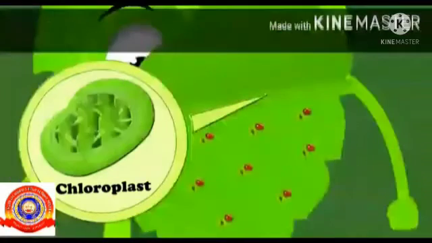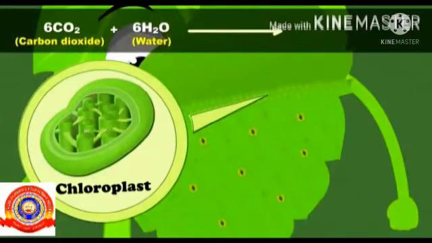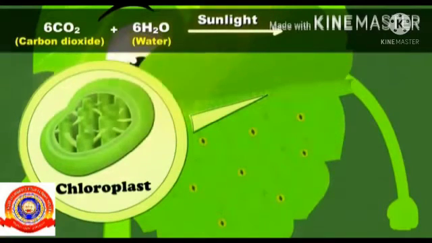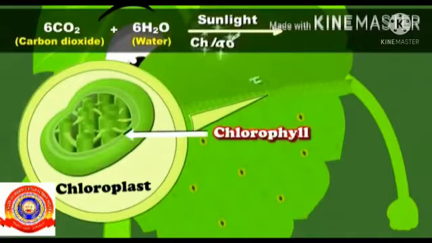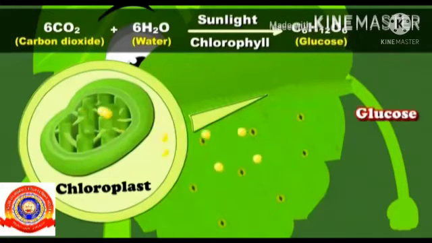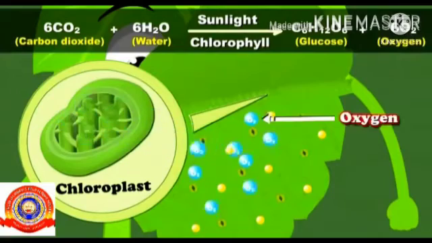This pigment helps the plant to trap sunlight. Then, using carbon dioxide from air, water from the soil, in the presence of sunlight and chlorophyll, plants prepare their own food called glucose. Oxygen is also formed along with this and it is released during daytime.